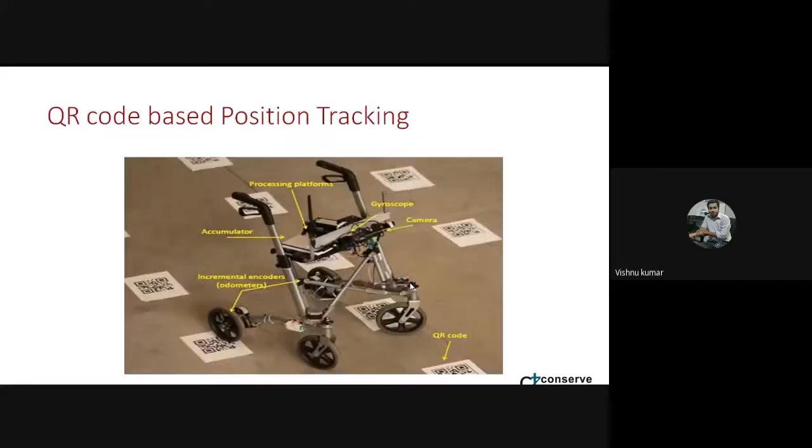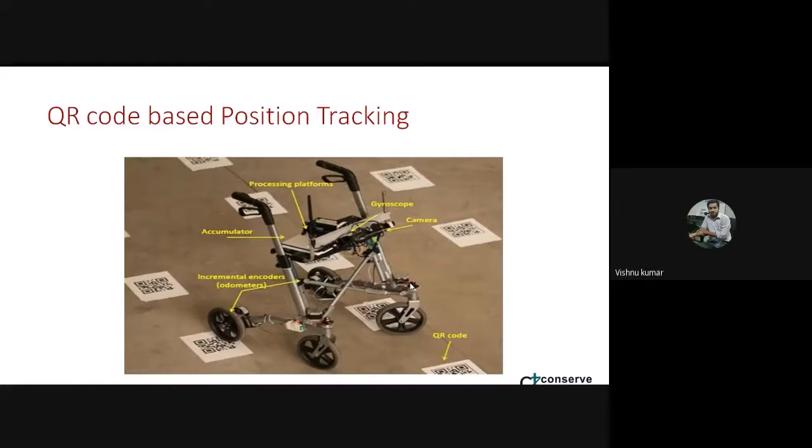Okay, next is QR code based position tracking. You know about the quick response code, or QR code. Everyone should be using it in the present scenario. Scanning a QR code is like reading a barcode, and there is encryption and decryption.